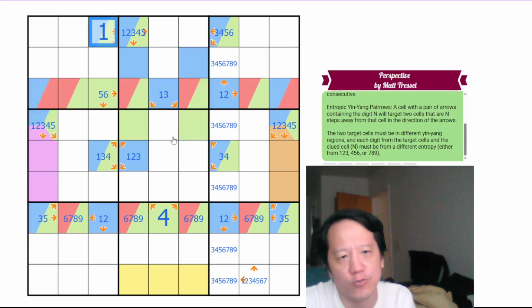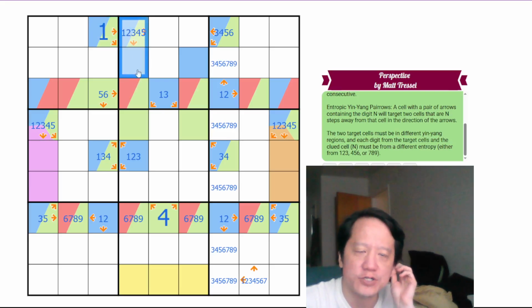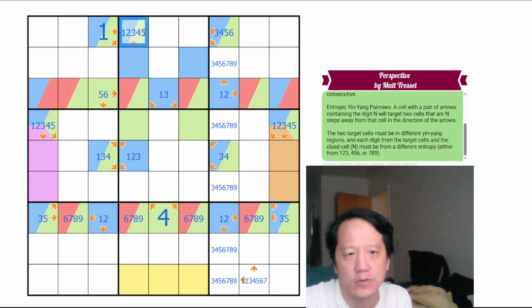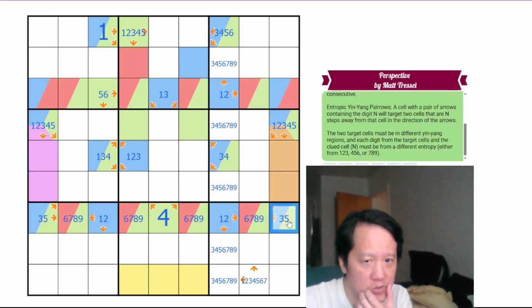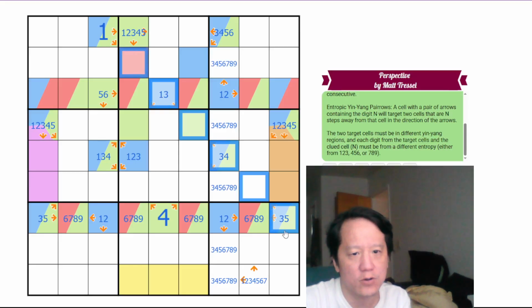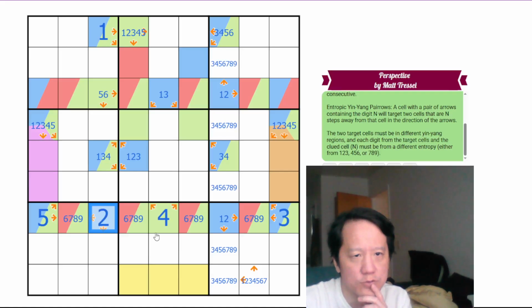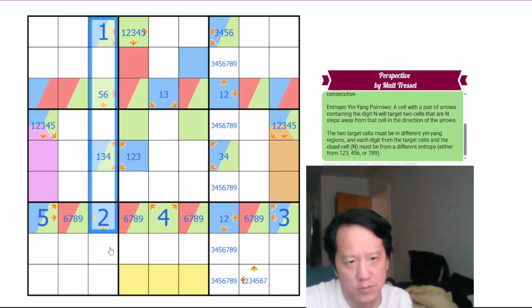So if we have 1 here, these are different regions. This would have to be medium. This would have to be high. So therefore, this can never be low. So we cannot have 5 there. So then this would be 3, this would be 5, this would be 2. So that actually does work.